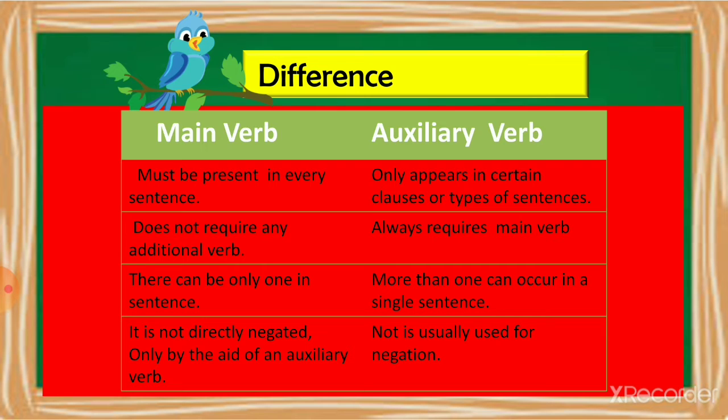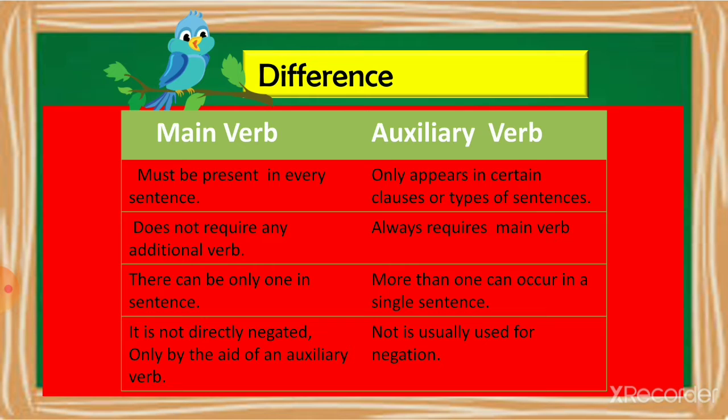Difference between main verb and auxiliary verb. Main verb must be present in every sentence. Auxiliary verbs only appear in certain clauses or types of sentence, right? Main verb does not require any additional verb. Auxiliary verb requires a main verb.